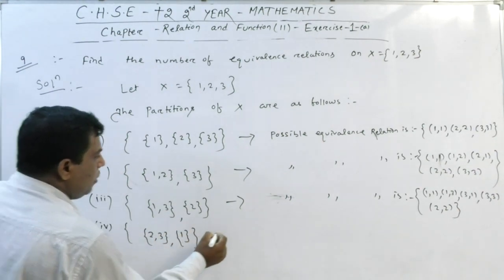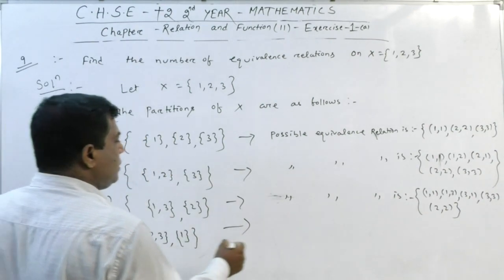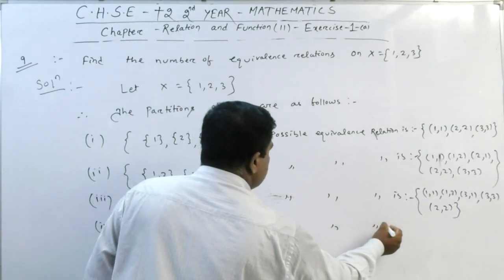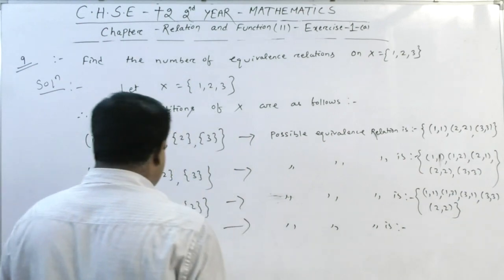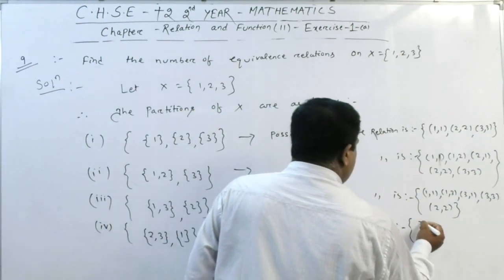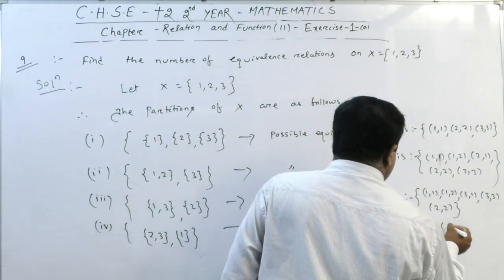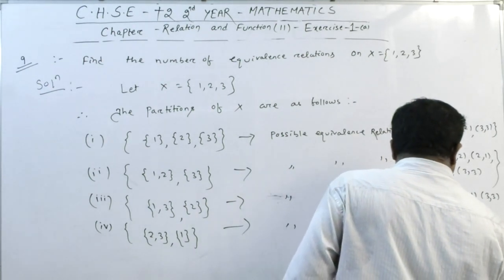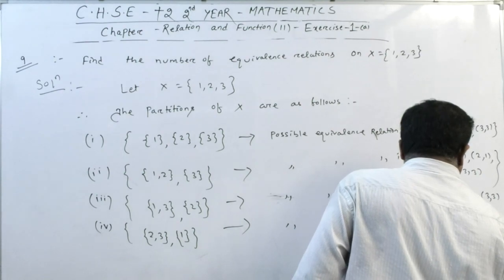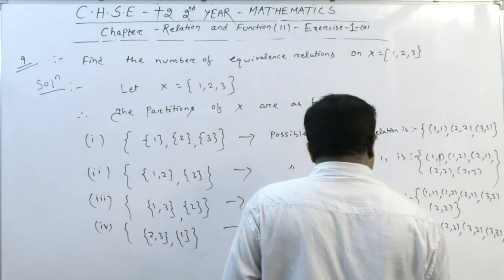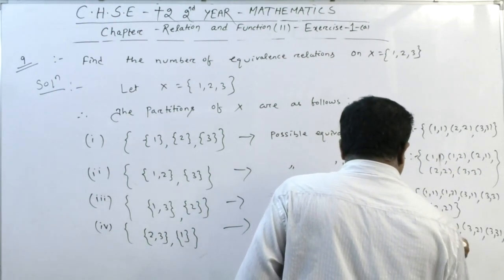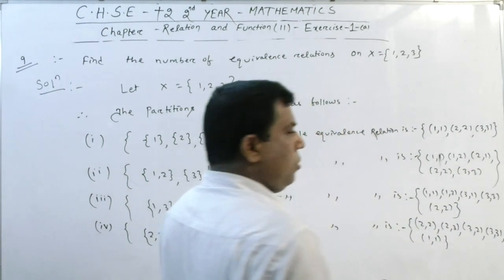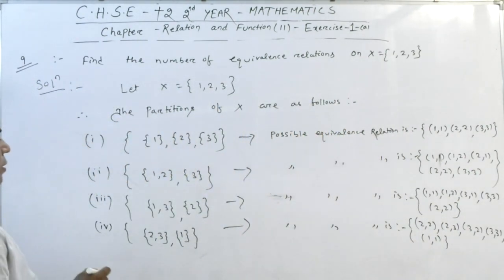Okay, so the possible equivalence relation is: (2,2), (2,3), then (3,2), then (3,3), then (1,1). Okay, yes or no? Next, how will we make a partition?